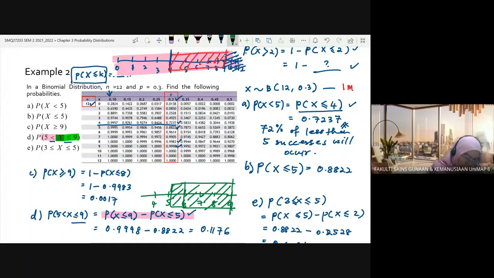Since you are talking about 6 to 9, but you are using the rules, that's why we start using 5 for the lower boundary. If you can prove that I'm wrong here, please let me know and I will correct my understanding. But as far as I'm concerned, this is correct. Any other question?